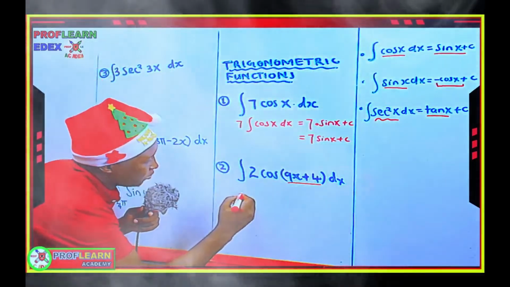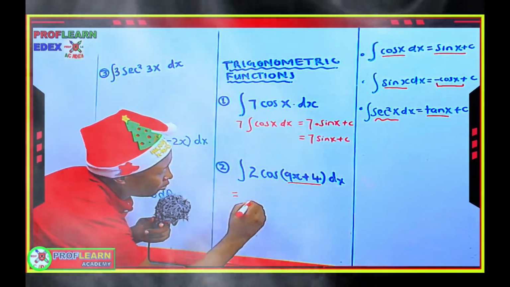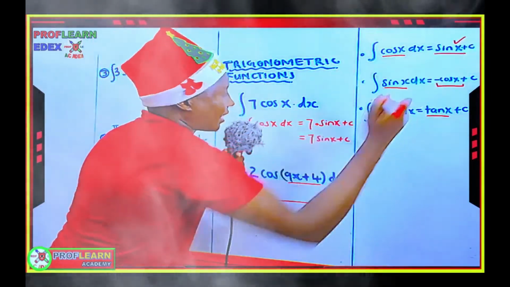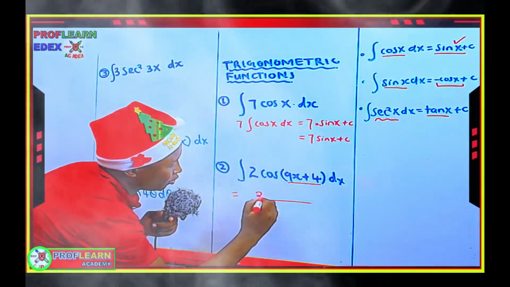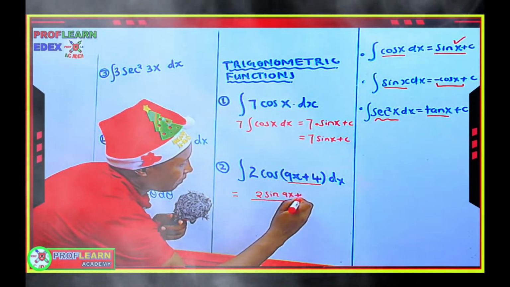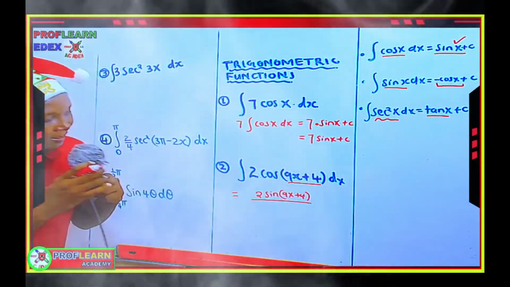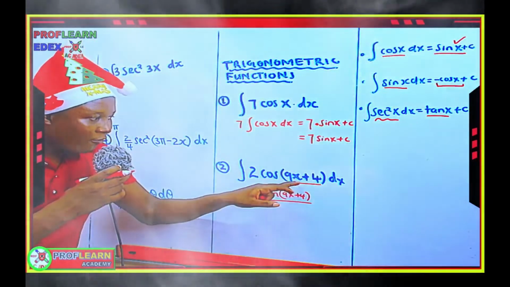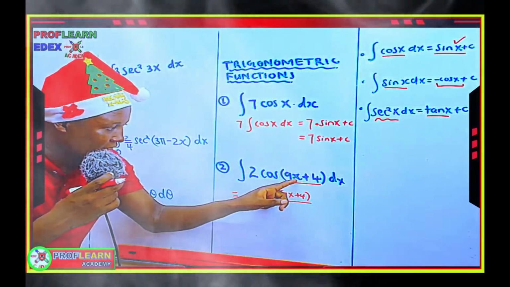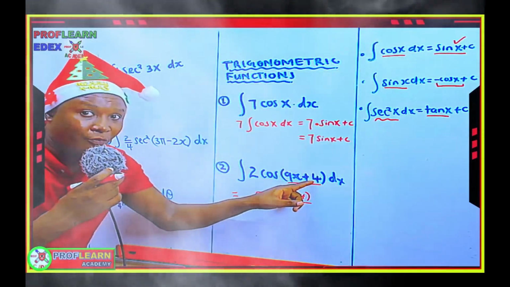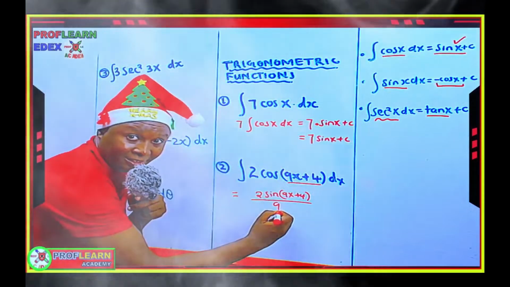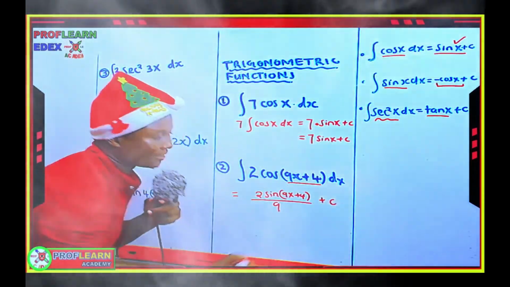So this is going to be equal to 2 sine(9x plus 4). Then once you have written that, you differentiate what is inside the bracket. Differentiating 9x plus 4 is going to give you 9. Then you divide by that. Then you say plus c.